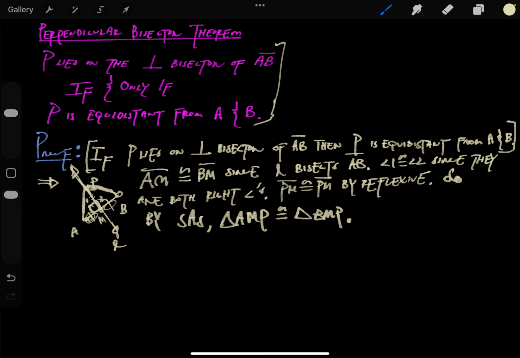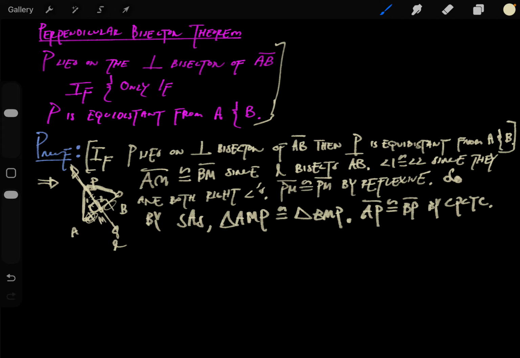Since the triangles are congruent, all the corresponding parts are congruent, and AP is indeed congruent to BP by CPCTC. And that's more or less one direction.